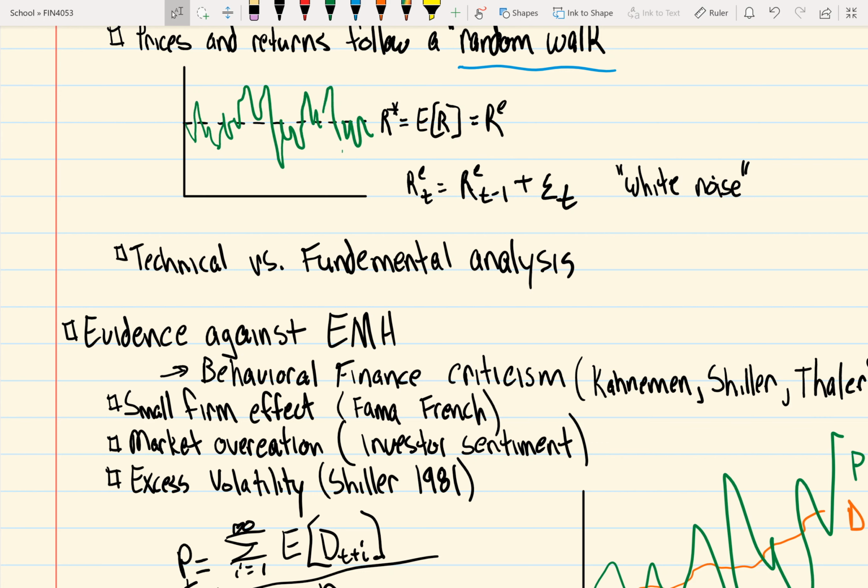The next is market overreaction, which a lot of times in the literature is known as investor sentiment. Richard Thaler and Robert Shiller do a lot of work here. It's basically the idea that investors overreact to good or bad news. We can even think of something like Tesla, whose stock price has skyrocketed in the last couple months.